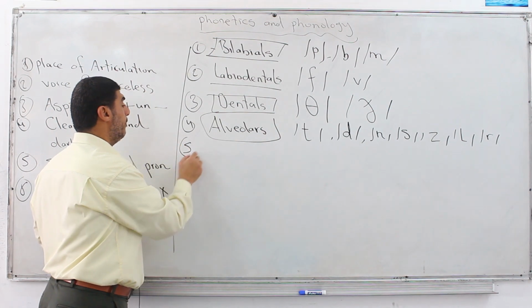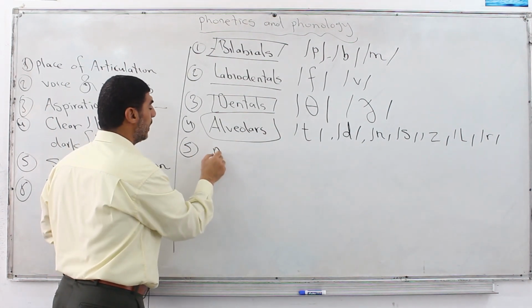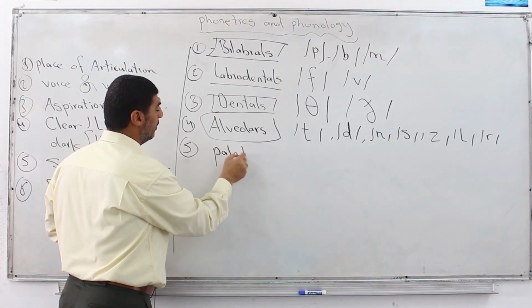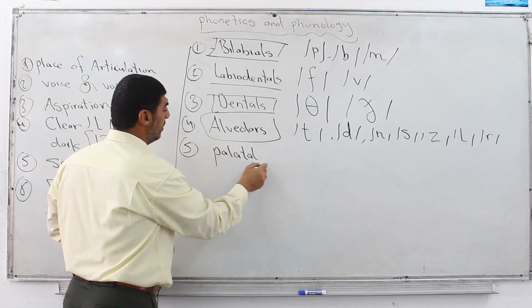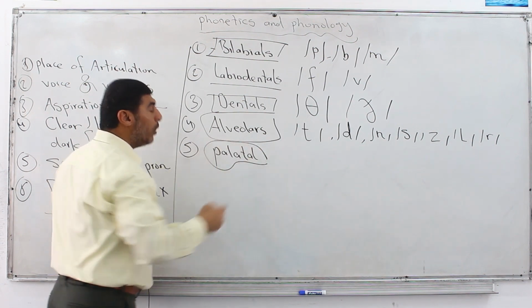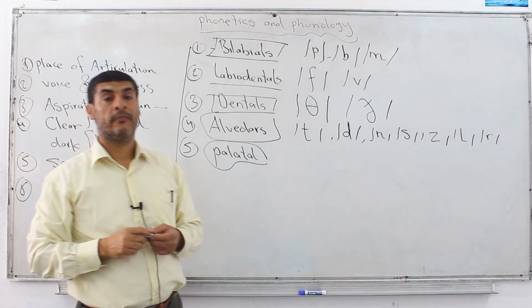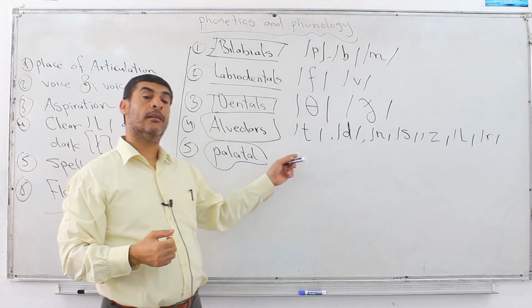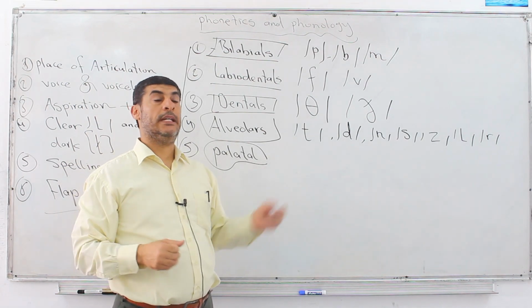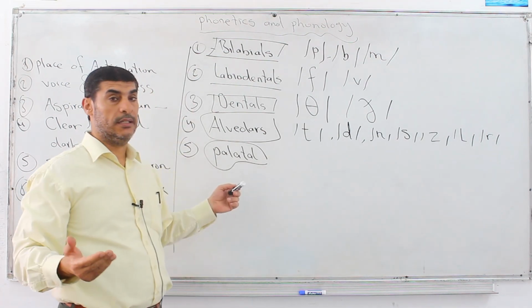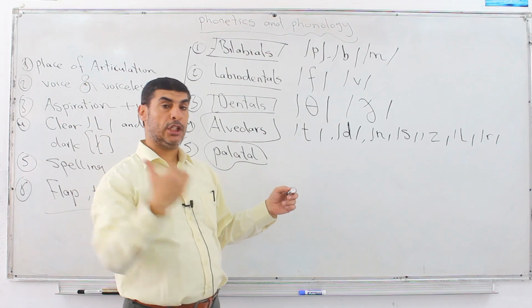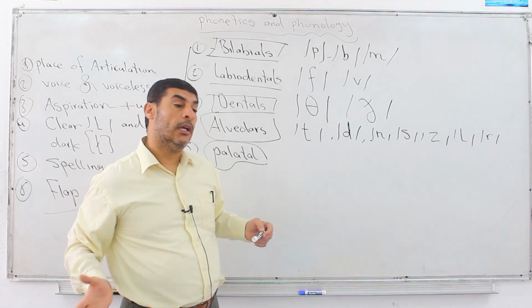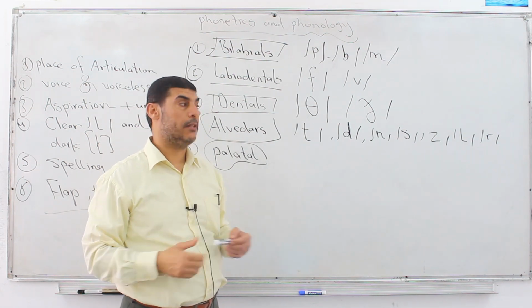Number 5, palatal. What is a palatal sound? A palatal sound is produced when the blade of the tongue touches the hard palate. That's why we call it palatal. So we have the blade of the tongue or the front of the tongue touching the hard palate.